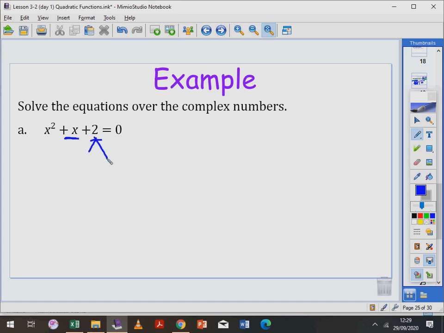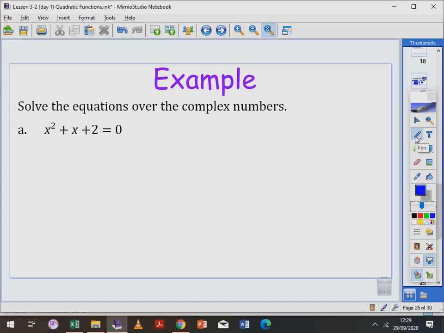I know we did UFO, those of you that get it, or if you just used factoring, there's no way you can multiply to get 2 or add them to get 1. So yeah, factoring would not work for sure. Quadratic formula can work, and completing the square can work.